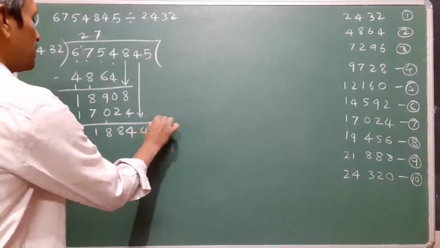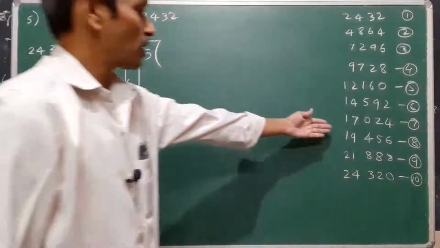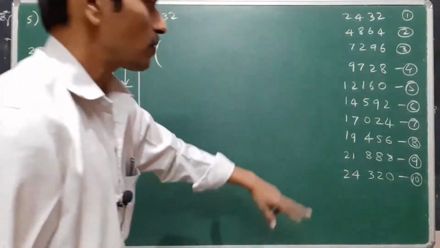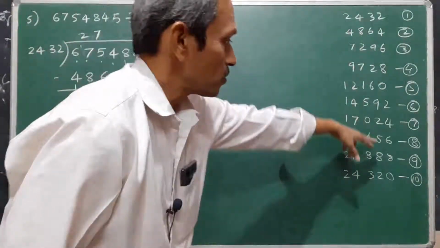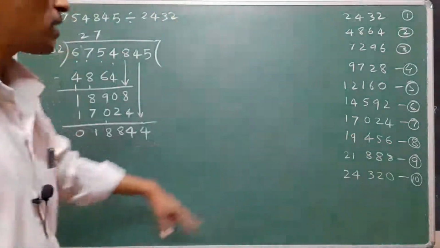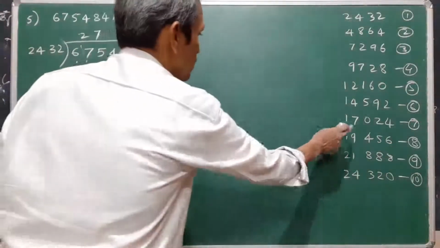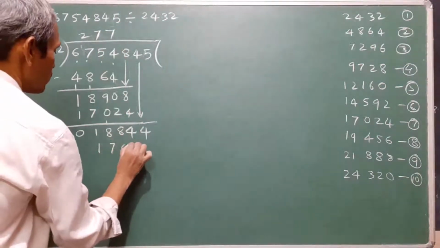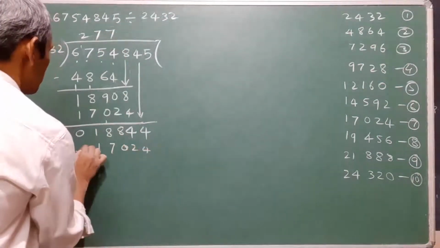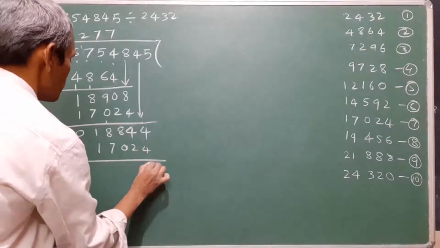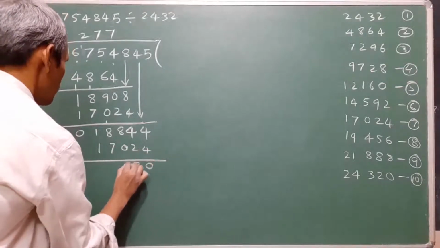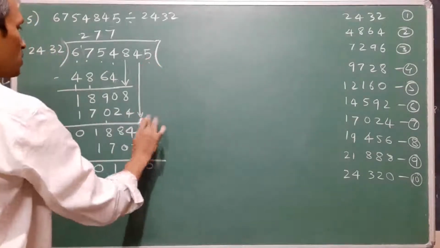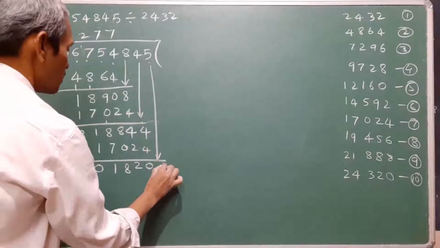18844. Now search for this in this table. So greater than this is 19456, 2432 8s. So less than this one is once again 17024 by 7. Subtract this one: 0, 2, 8, 1, 0. Take next one and write here.